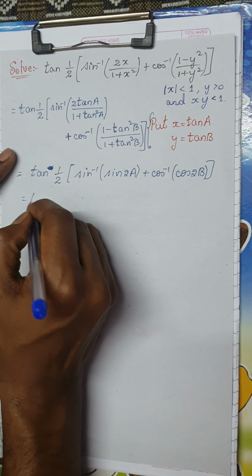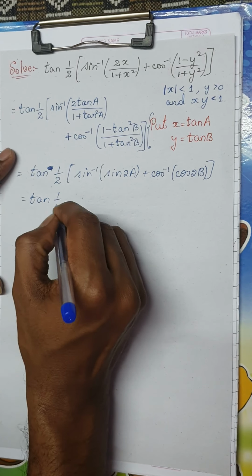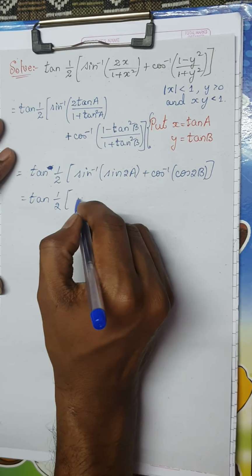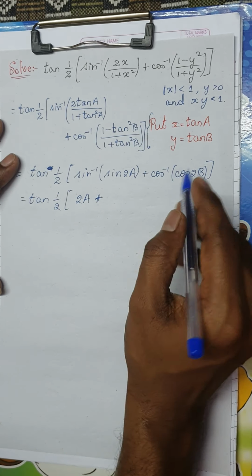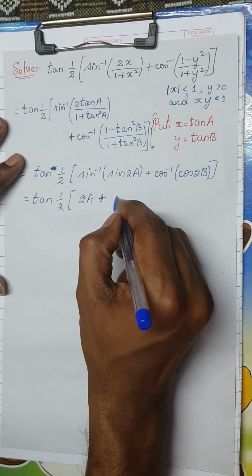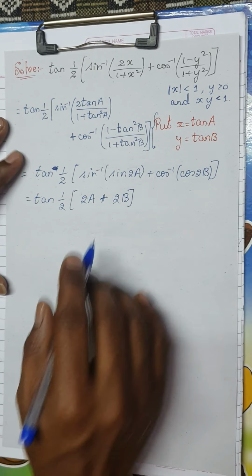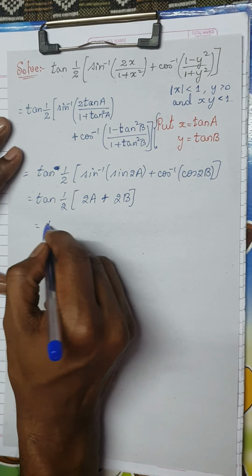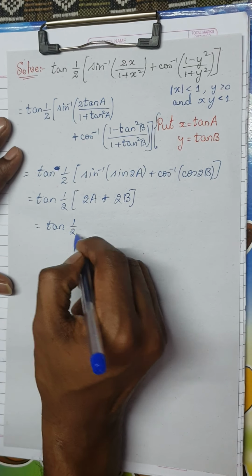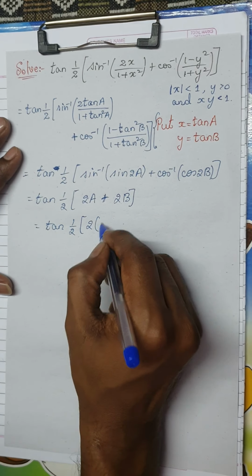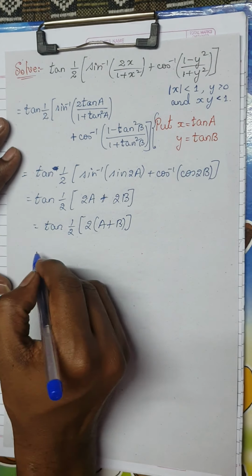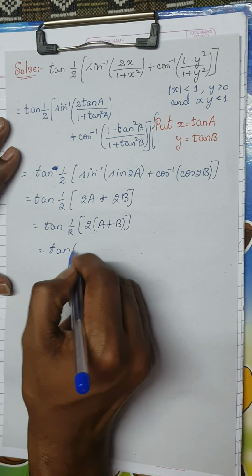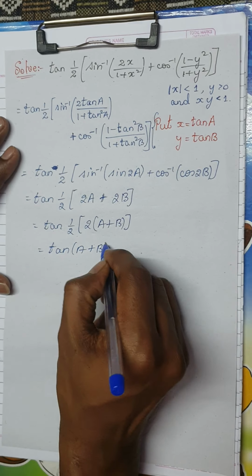So this is nothing but tan half of, now sin and sin inverse can be cancelled, so I will get 2a. Again similarly cos inverse and cos will be nullified, I will get 2a plus 2b. This is nothing but tan of half of, if you take the 2 common, I will get a plus b. Now half and 2 will be cancelled, I am left over with tan of a plus b.